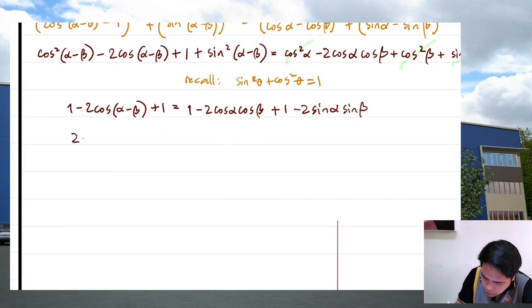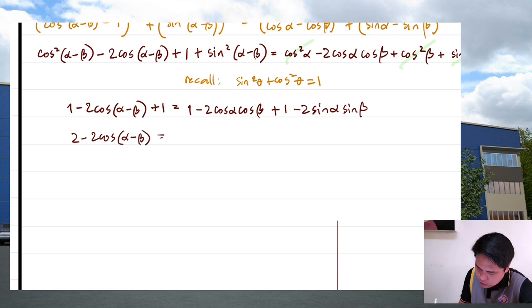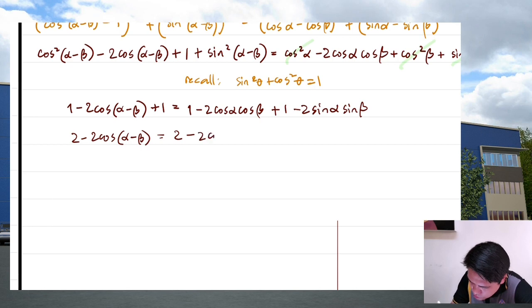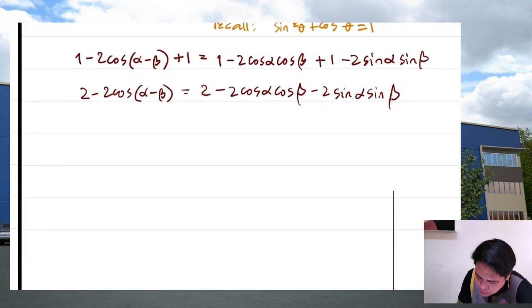So we'll have 2 minus 2 cosine alpha minus beta. That's equal to 2 minus 2 cosine alpha cosine beta minus 2 sine alpha sine beta. And we could cancel this both. So that's negative 2 cosine alpha minus beta.